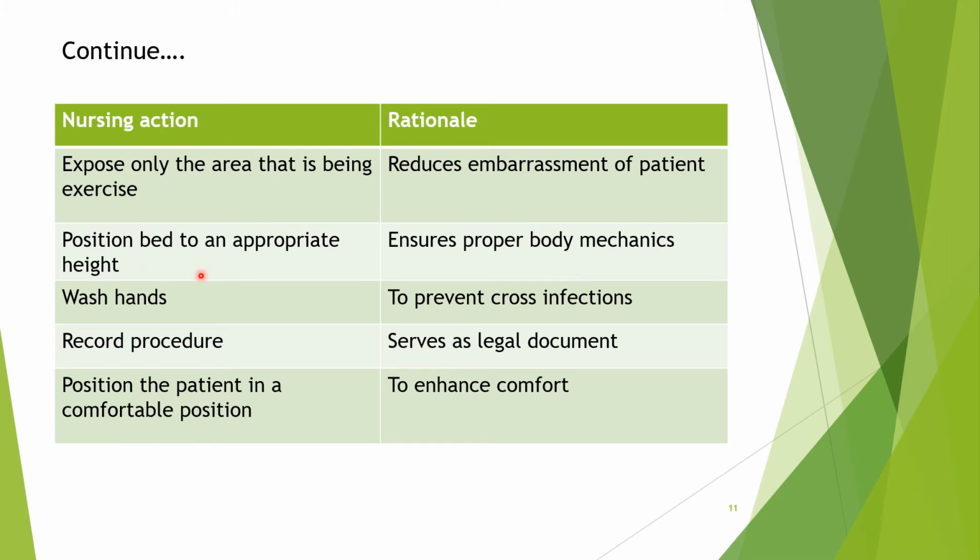Position the bed at the appropriate height to reduce strain on body mechanics. If the bed height is not at the level of your wrist, that can cause back pain and hamper you during the exercise. So be conscious of body mechanics.